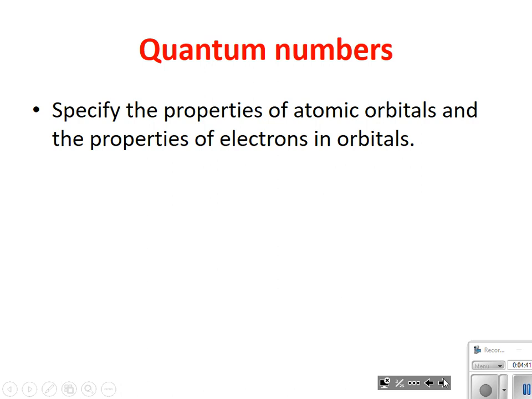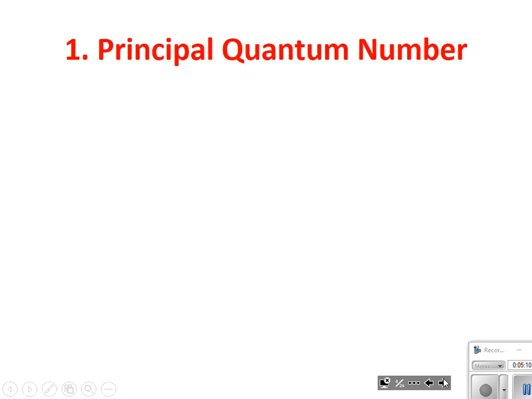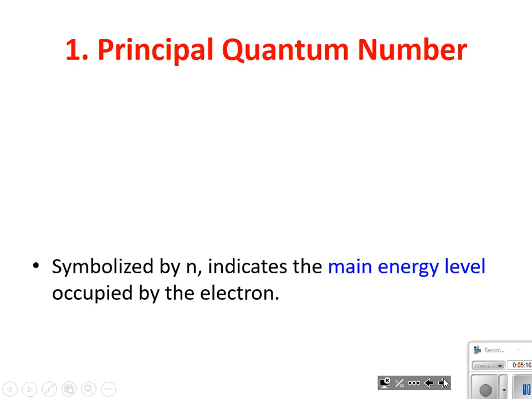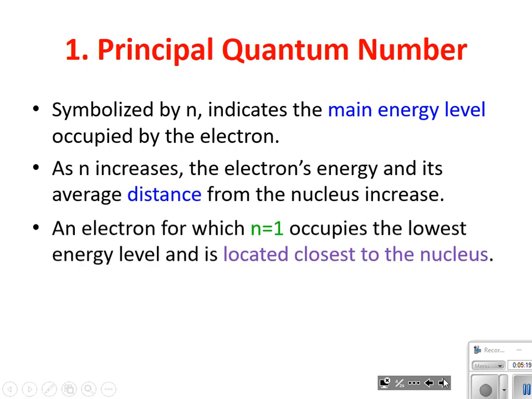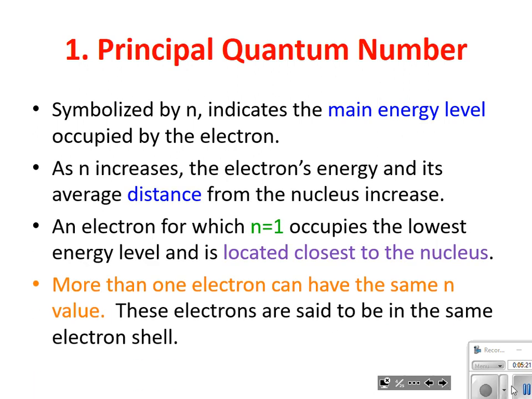So these quantum numbers will describe certain things about the electrons and the orbitals in which they are occupying. Let's jump right in with the principal quantum number. Okay, the very first quantum number we're going to talk about, the principal quantum number. We'll get this entire slide up there, and then we will discuss it. I'll give you a second here to write it down.